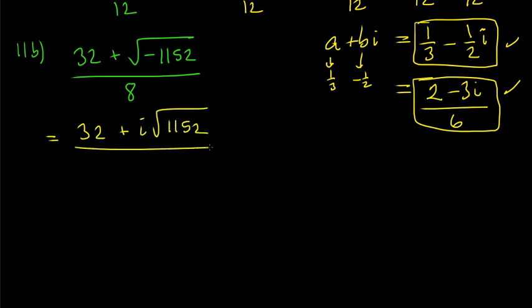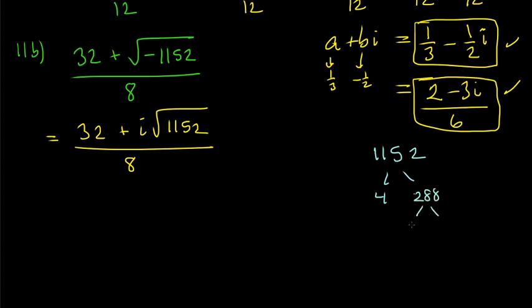It's just a matter of simplifying the square root of 1152. All right, 1152. So we're looking for perfect squares. If we divide by 4, oh, I forgot what I got here. So 1152 divided by 4 is 288.